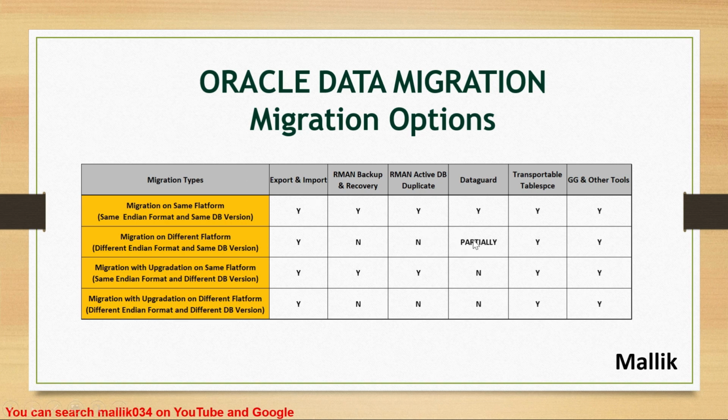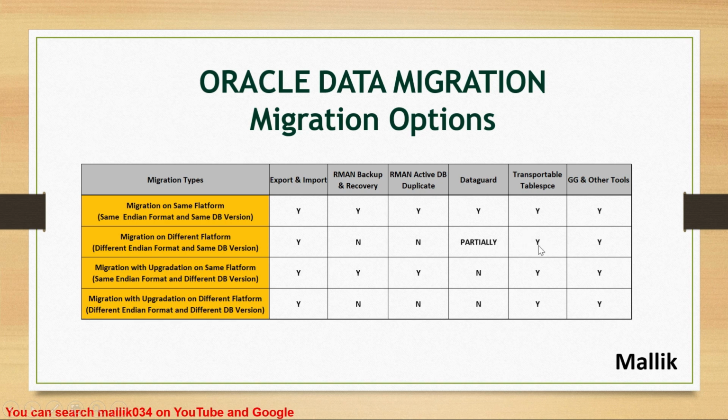So you have to check which migration method you are doing. If it is a supported different platform, obviously you can go with Data Guard, but all platforms are not supported here. Only certain platforms like Linux to AIX are supported, or Linux to, I'm not able to recollect what those are. I'll mention in my comment section what that MOS document is. You can go through it to see which different platforms Data Guard supports with Oracle.